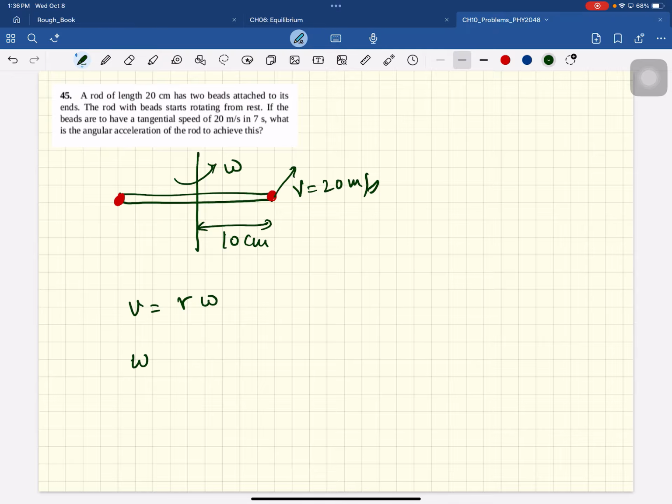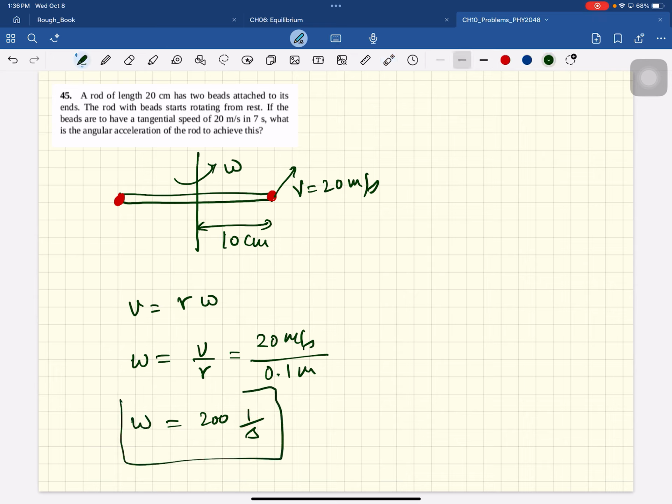So the angular speed is v over r, which is 20 meters per second divided by 0.1 meter. 200 radians per second. See, radian is dimensionless, so that will be radians per second. So you want a final angular speed of 200 radians per second after 7 seconds.